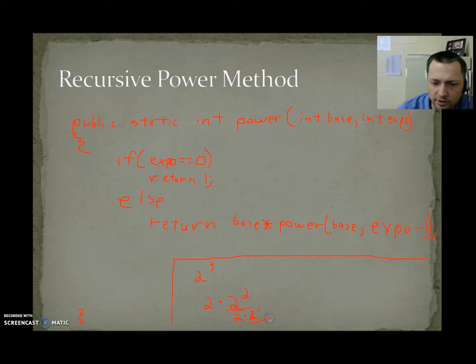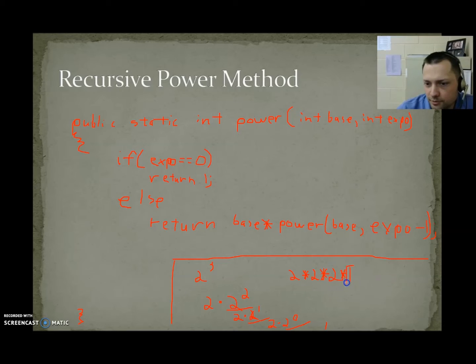You say, well, 2 to the 1 is really 2 times 2 to the 0. Then you'd say, oh, 2 to the 0, I know that one. That's 1. So this would really be 2 times 2 times 2 times 1. And that's how it calculates.